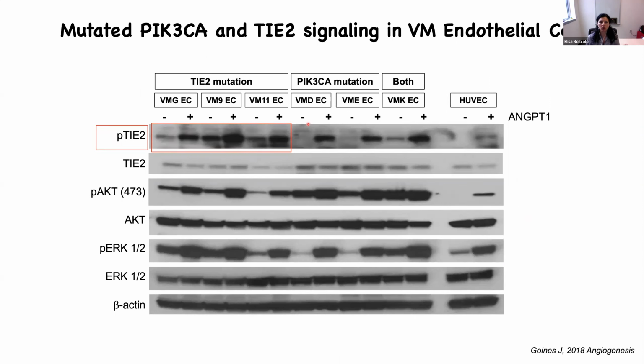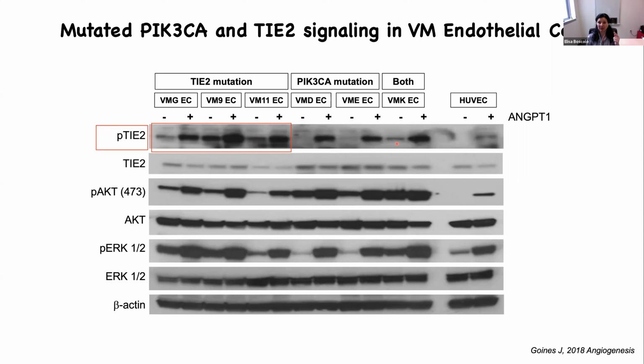We have looked at all of these patient-derived endothelial cells, minus or plus angiopoietin-1, because we wanted to also stimulate the Tie2 receptor and see if we could augment the signaling. What you can see, phospho-Tie2 is constitutively active in the VMECs with Tie2 mutation, and it's not when you have a PIK3CA mutation.